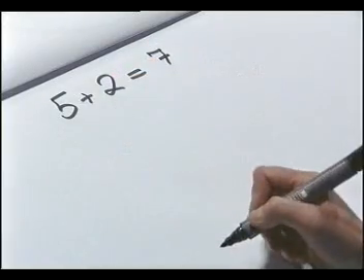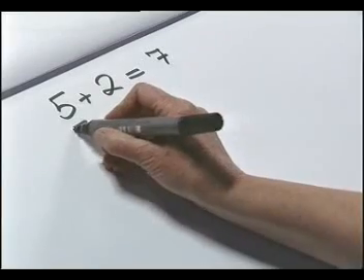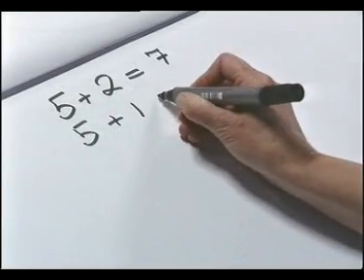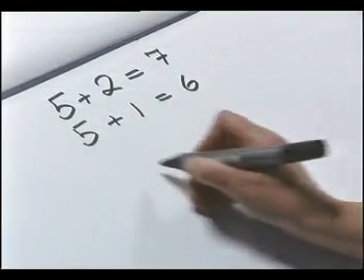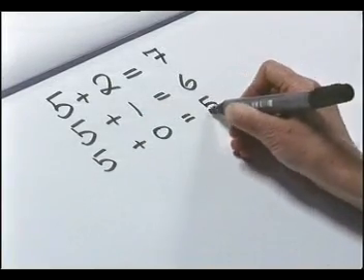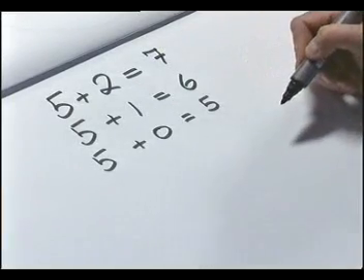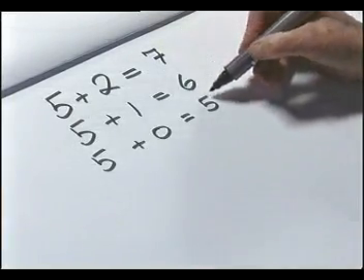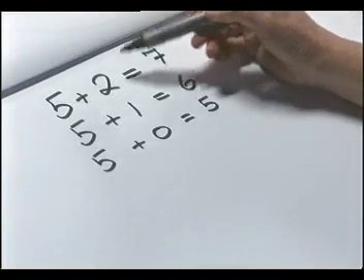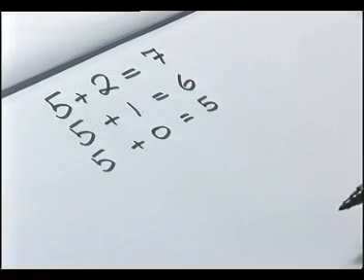And then I'm going to write a sequence of calculations which follow on from this. 5 add 1 is equal to 6. 5 add 0 is equal to 5. Notice in this sequence of addition, the answers decrease by 1 as the numbers that we add decrease by 1.